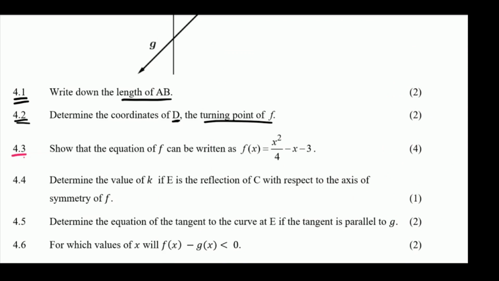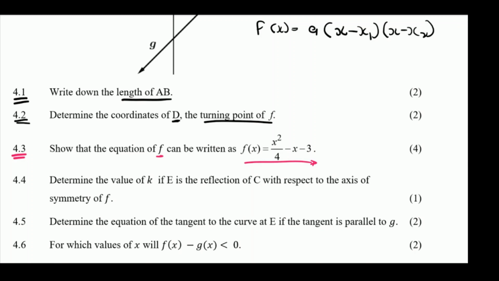So now 4.3, we are asked to show that the equation of f is equal to this expression here. So for us to show that, let's say we have f of x being equal to a into x minus x1, x minus x2, right?